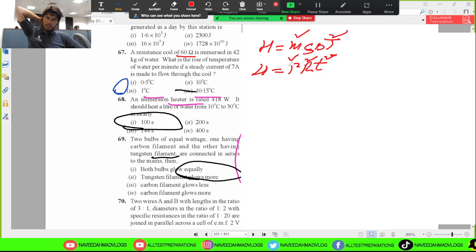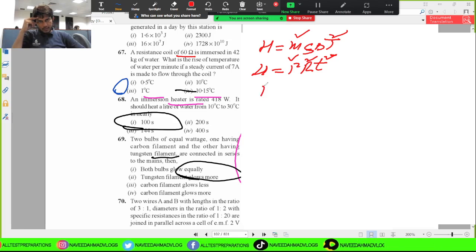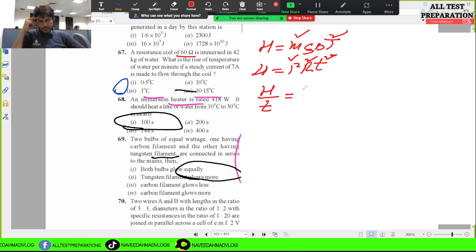Because current is given to us, in this case your H divided by t will be equal to I square R, multiplied by R which is 60.